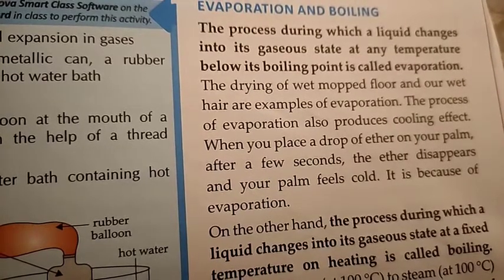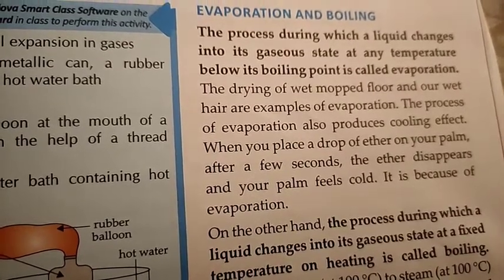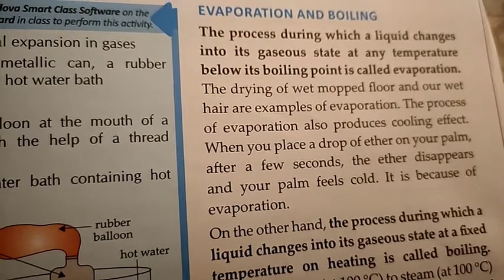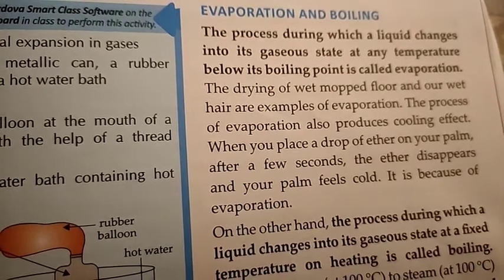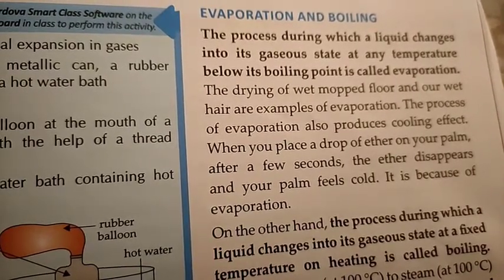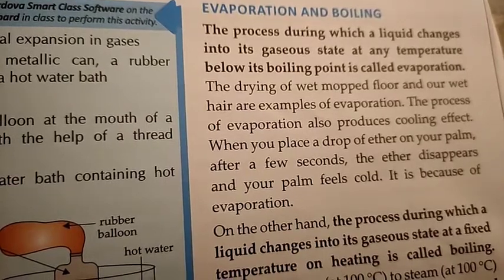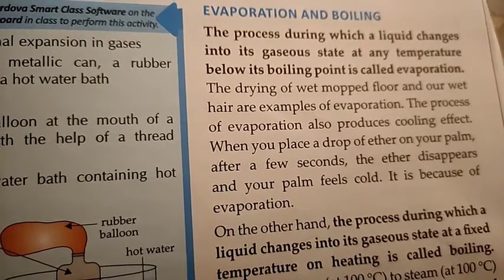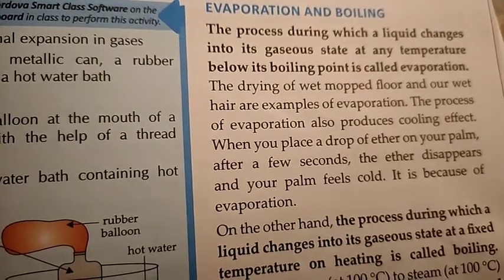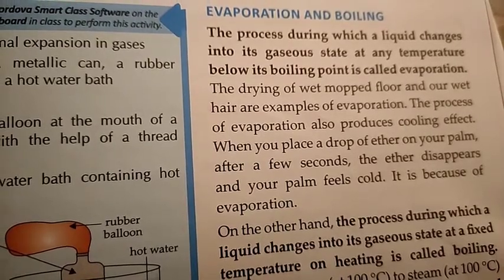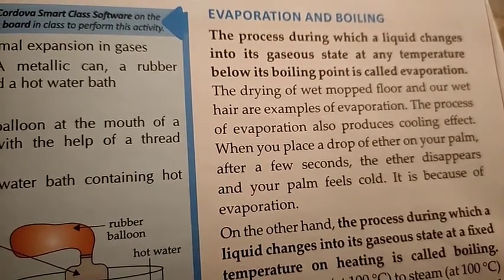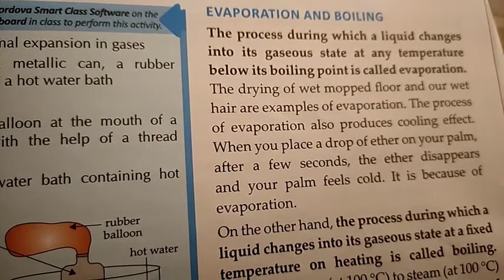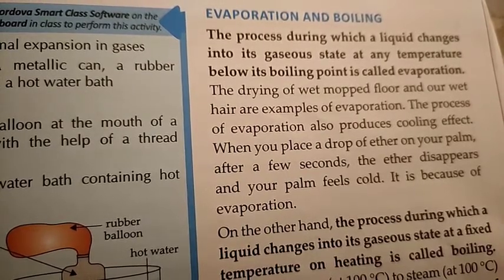When we place a drop of ether in a palm, after a few seconds the ether disappears and our palm feels cold. It is because of evaporation. So evaporation is the process during which liquid changes into its gaseous state at any temperature below its boiling point, and it gives the cooling effect.